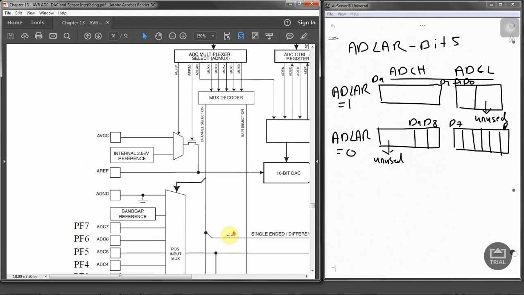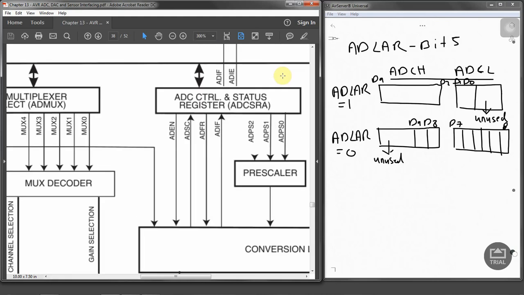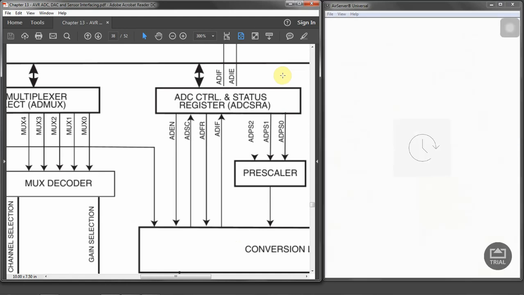Then we have the status and control register, which is an important register, and we need to use this register to control and monitor the operation of the analog to digital conversion.